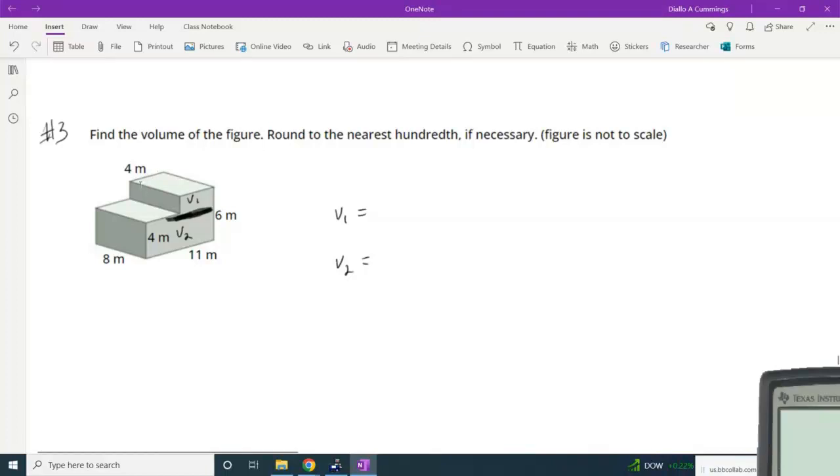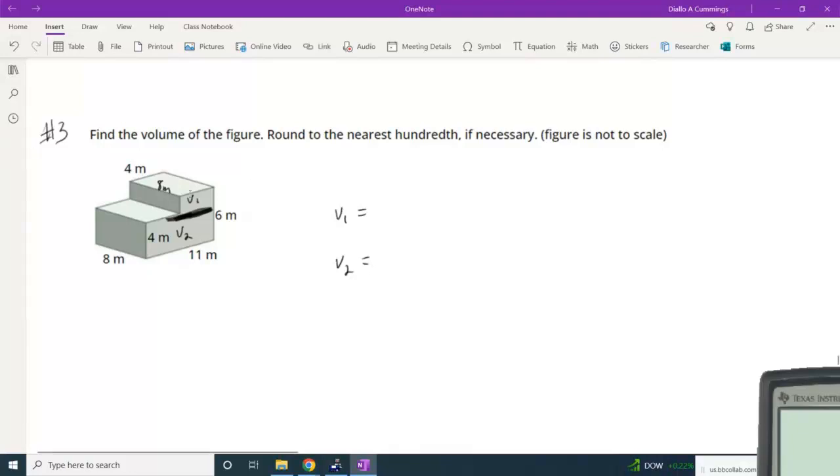If I'm trying to find the length, notice that if I look at the second figure, the length for both of these figures should be the same. So since the second figure has the same length as the first figure, the length is going to be 8 meters.